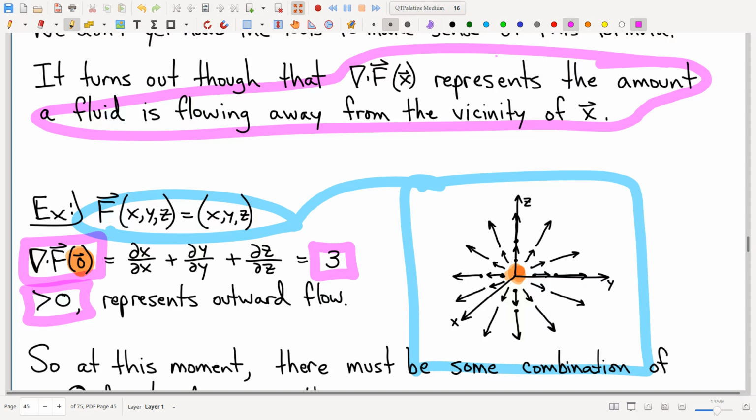And with a minus sign, this calculation would give you -3. Negative meaning, to what extent do you have an outward flow? Well, negative. You would have the opposite of an outward flow, an inward flow, again consistent with the claim. Is that cool?